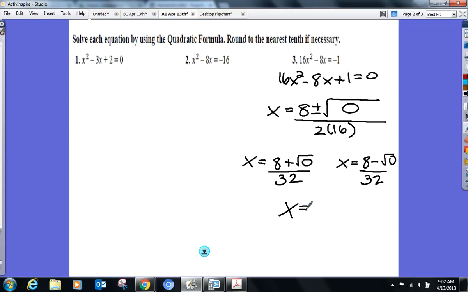What are you noticing about both of these? Same answer, right? It was what, 0.25?